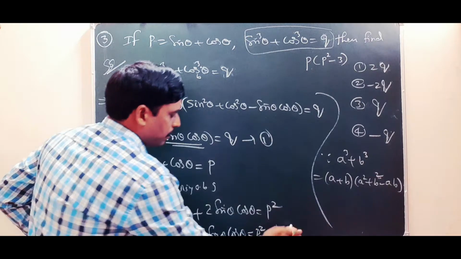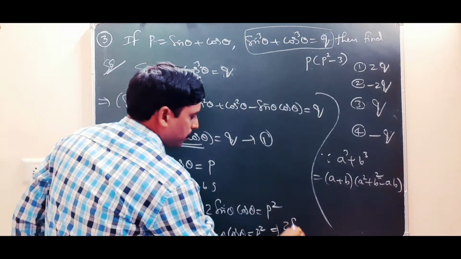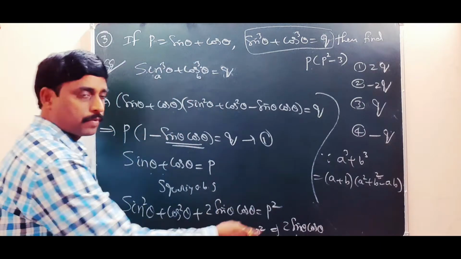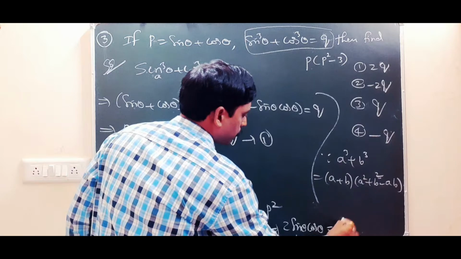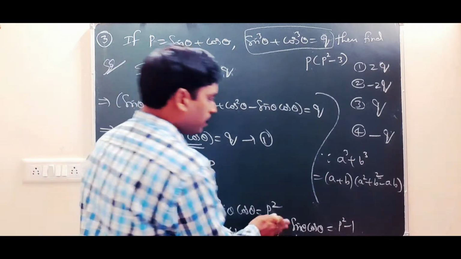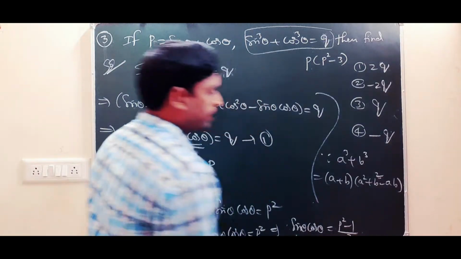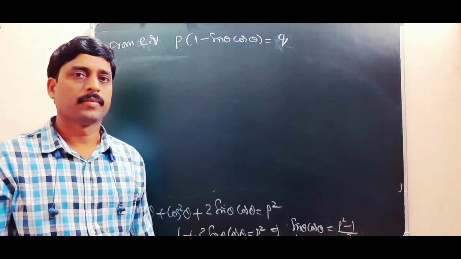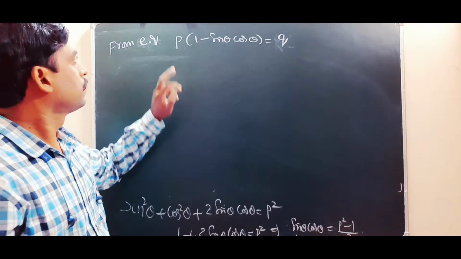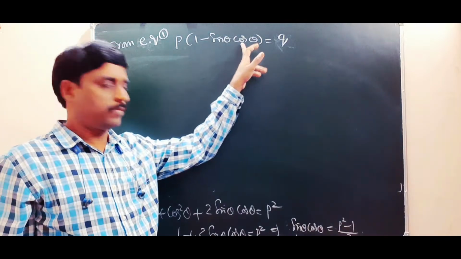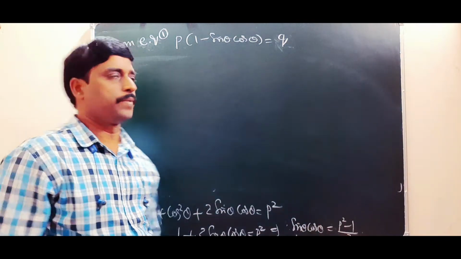Therefore, 2 sin theta cos theta is equal to p square minus 1. Sin theta cos theta will be p square minus 1 by 2. Okay.